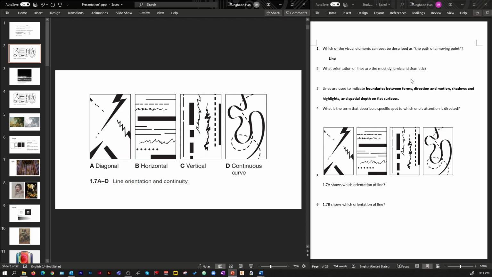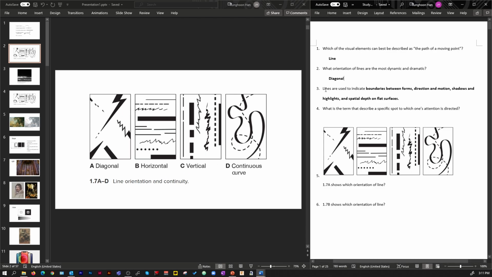So the answer to this would be diagonal, because it suggests potential movement. At the same time, it has the most dramatic and strongest movement among horizontal and vertical. Vertical has, we'll say, a greater potential energy than the diagonal, but in a diagonal line, the energy is more shown instead of just being static like this.